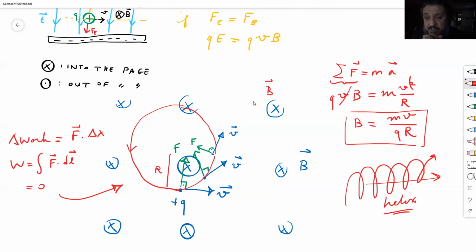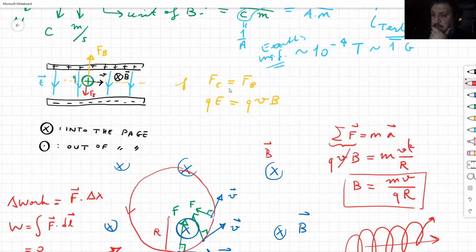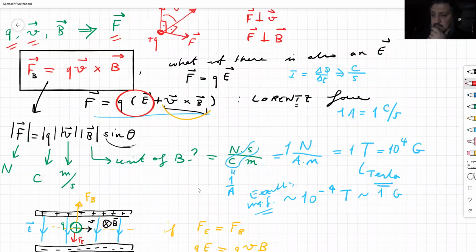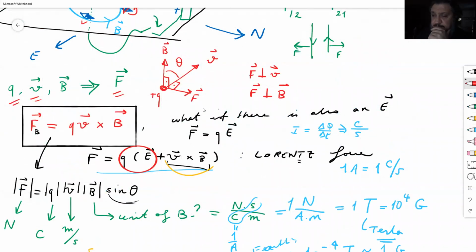Electric fields, on the other hand, let me say the forces due to electric fields, they would do work. But the forces due to magnetic fields wouldn't do any work. Okay, so that is the Lorentz force.